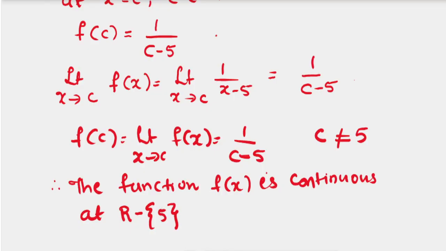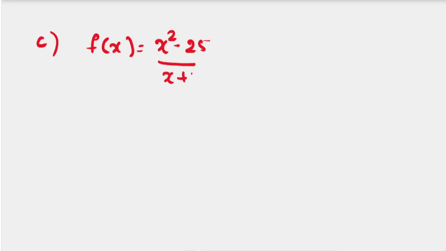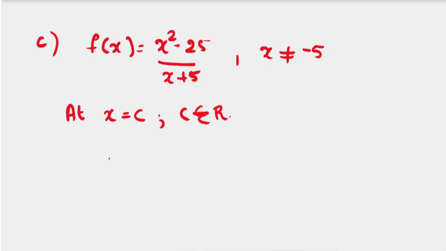Okay, now the third part. C. F of x equals x square minus 25 divided by x plus 5, for x not equal to minus 5. So we'll find at x equal to c, where c belongs to real numbers.